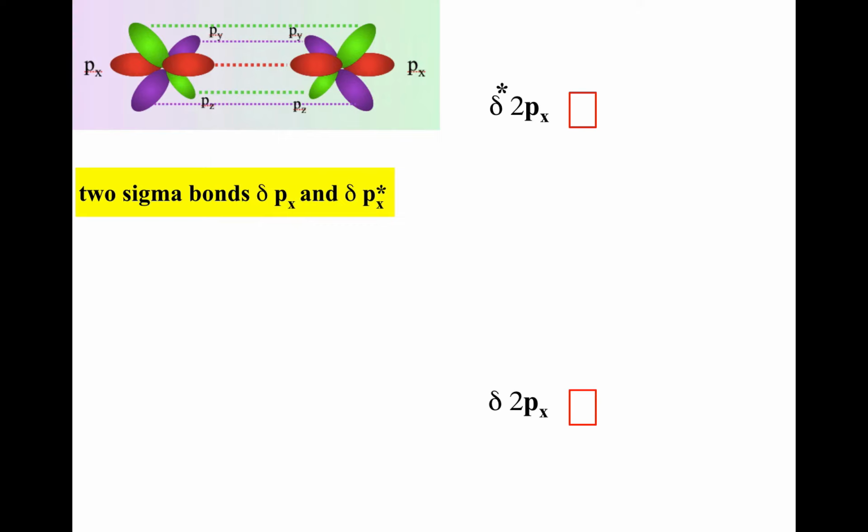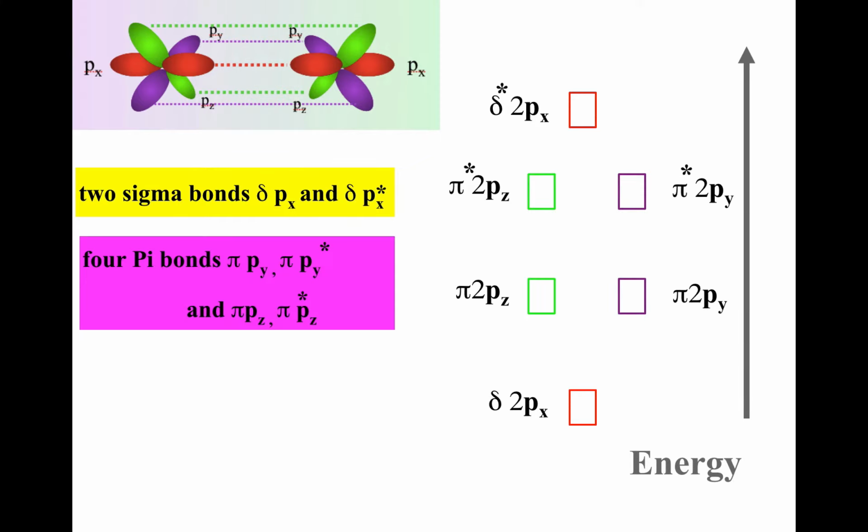So when the p's overlap, you end up with a sigma overlap. So you end up with a sigma bonding orbital and a sigma antibonding orbital, and then you get pi overlaps. Energy, potential energy, goes this way. You end up with a 2pz bonding and a 2pz antibonding orbital, and a 2py pi bonding orbital and a 2py antibonding orbital.